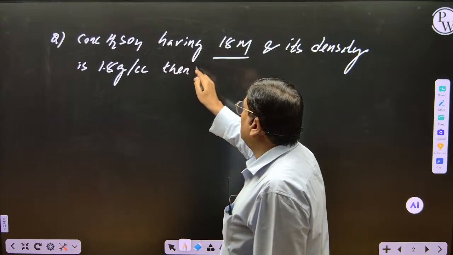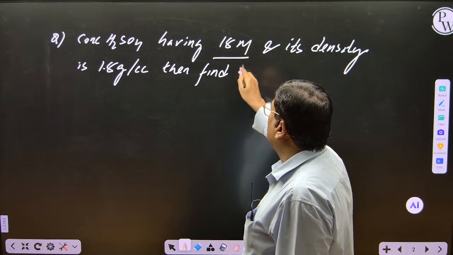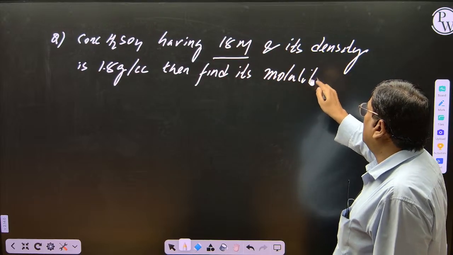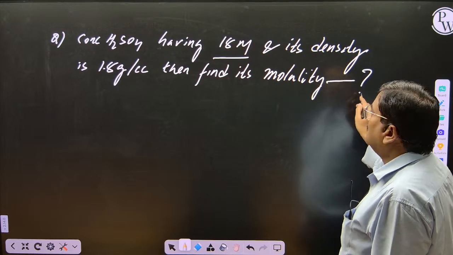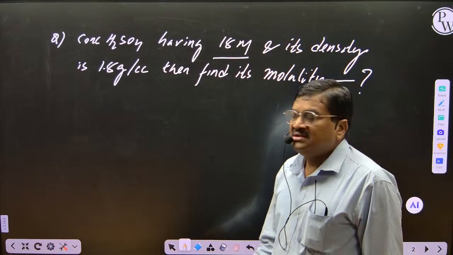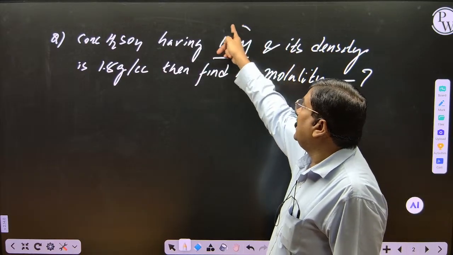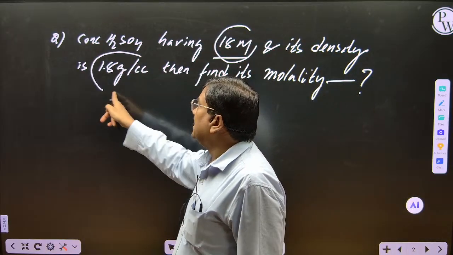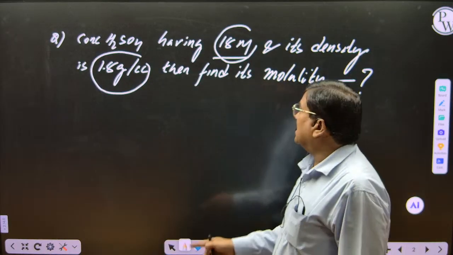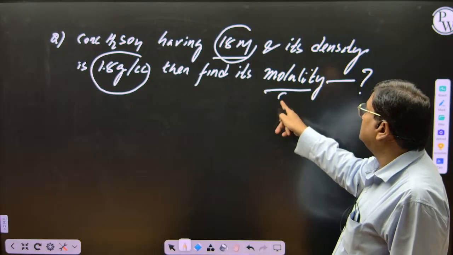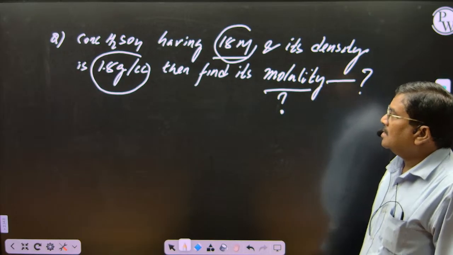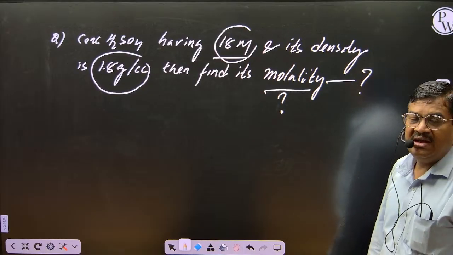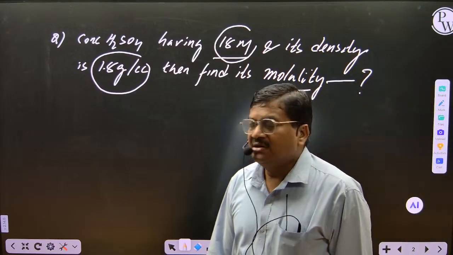Then find its molality. Now see, in the question, molarity is given as 18 molar, density given 1.8 gram per cc, asking to find molality. So this is the relation between molarity and density.